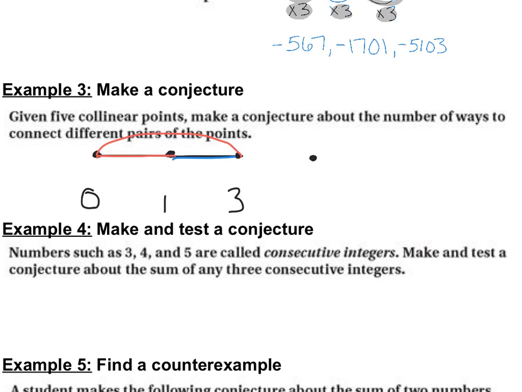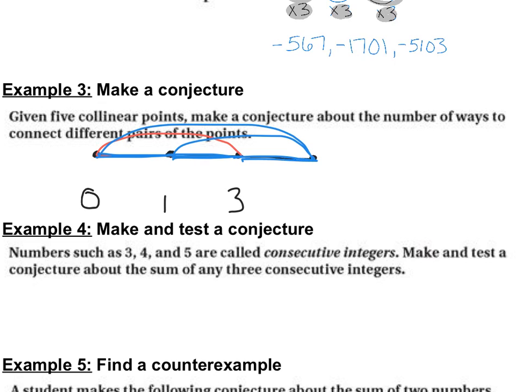So now if we do our fourth collinear point, I'm trying to differentiate my color here as best as I can. Okay, we'd have the connection from here to here, from here to here, here to here, so that's 3. From here to here, 4, here to here, 5.